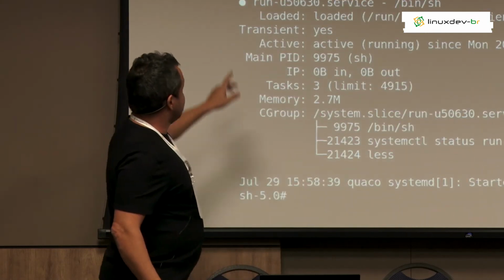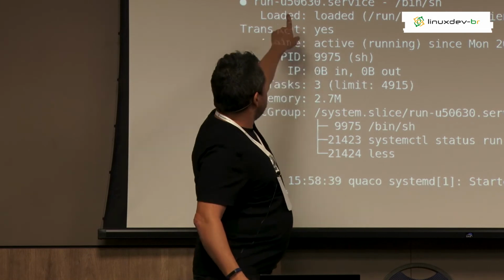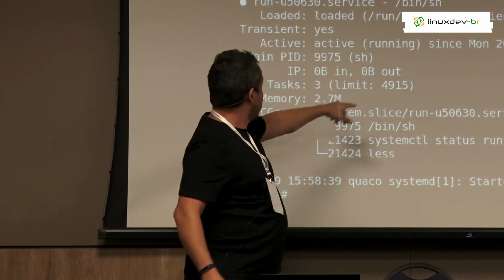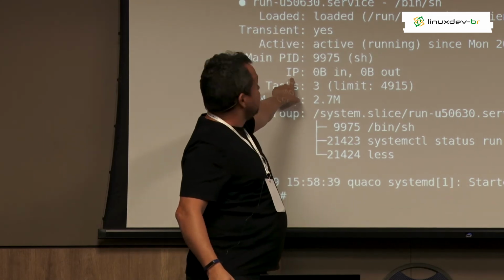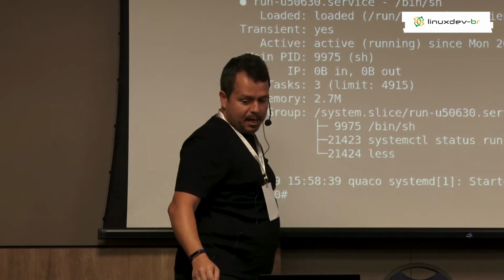If you do this, and then run systemctl status for that specific unit that we started, it will show this extra line if you use IP accounting: IP 0 bytes in, 0 bytes out.